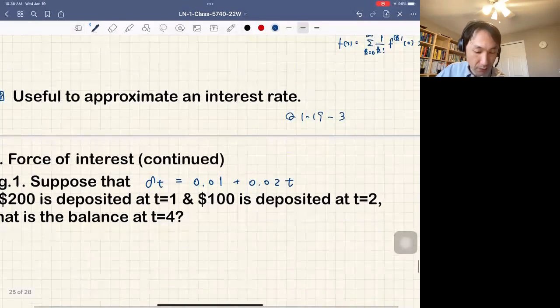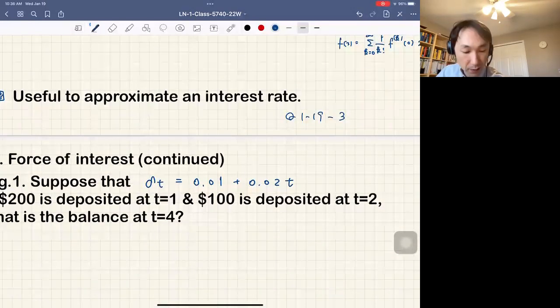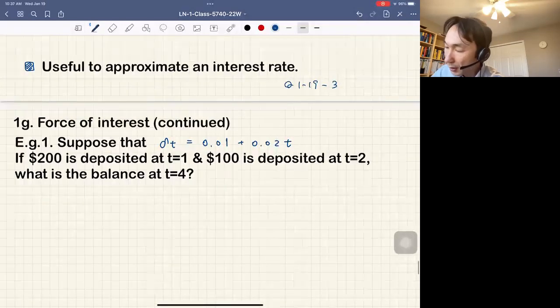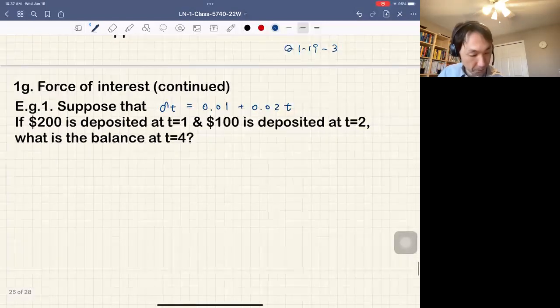Just for convenience, I keep the same numbers, so the video number and the quiz number correspond to each other. So this is a review on power series. We don't discuss too much about it, but certainly it's helpful.